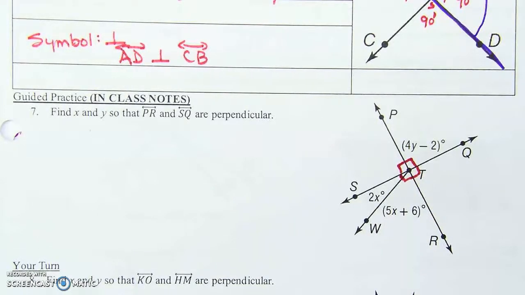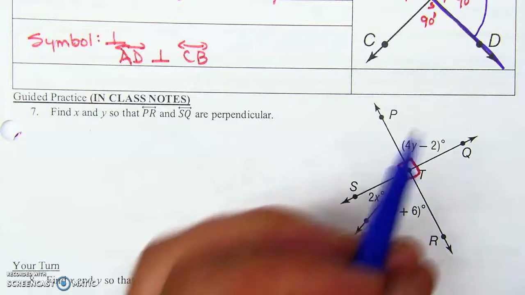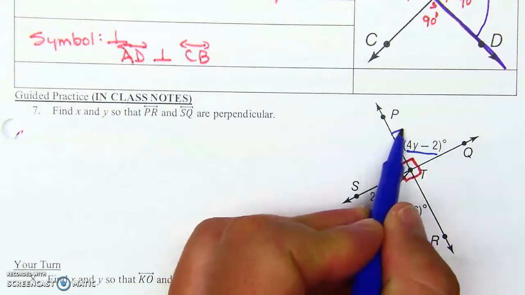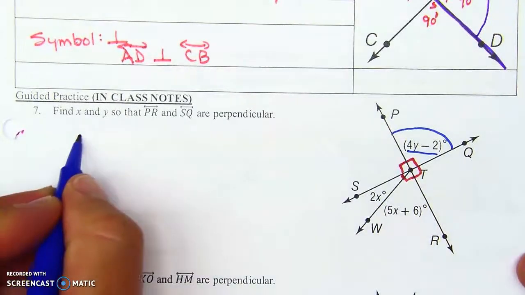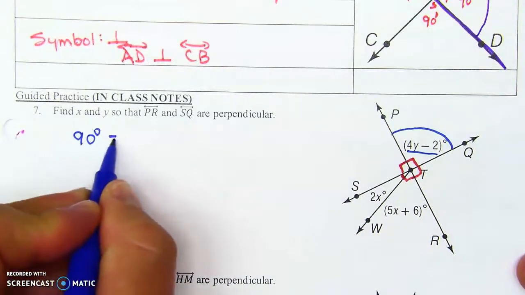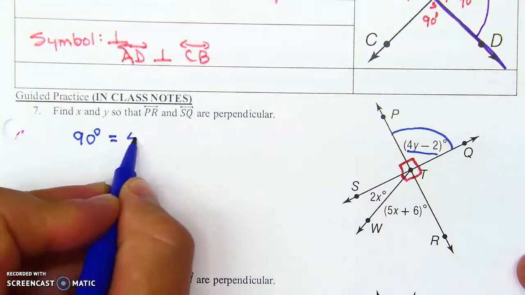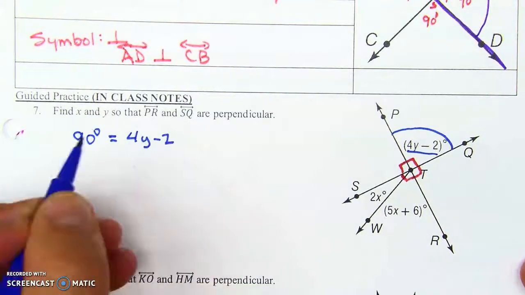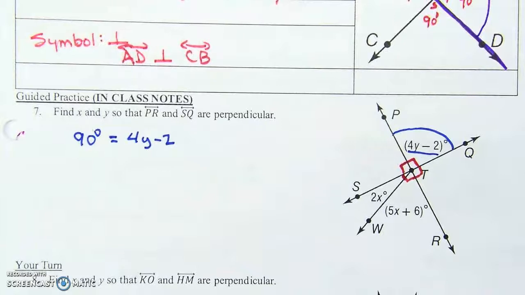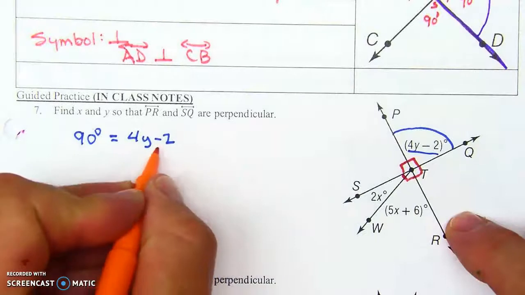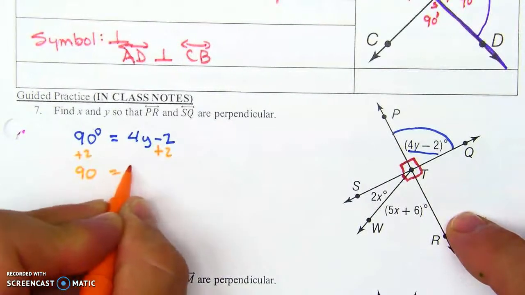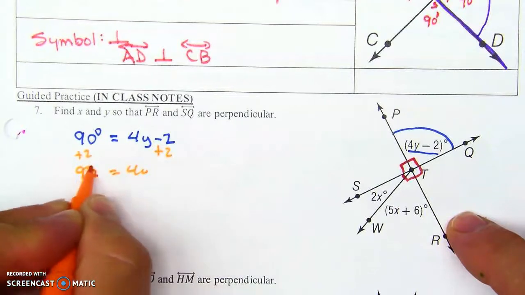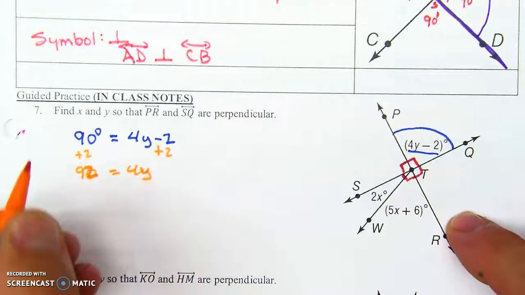Because we know this angle right here already has a symbol showing it's 90 degrees, we go 90 degrees equals 4y minus 2. Therefore, we can start moving things around algebraically by adding 2 to both sides, giving me 92 equals 4y.